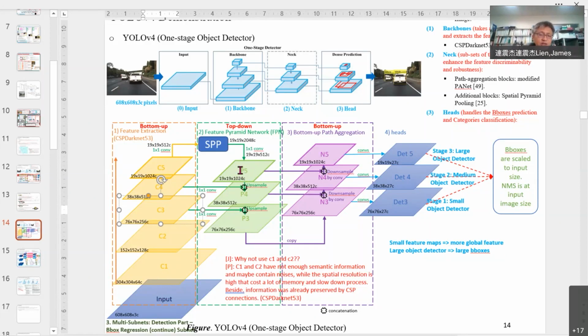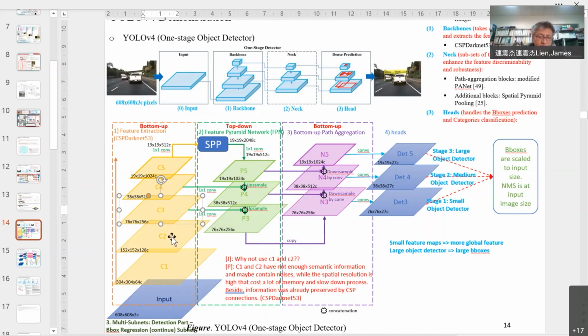So it's from here to here, 1, 2, 3, 4, 5, 6. It's far away from here. Why not do one more: get the information from here and do downsampling? They say the information here is closer than P to the raw data. As I remember, PA net actually goes from C2 to here.